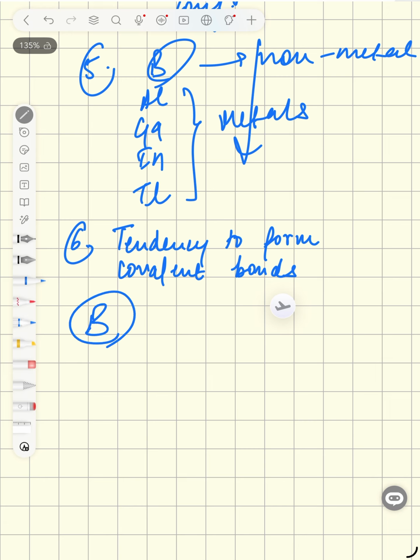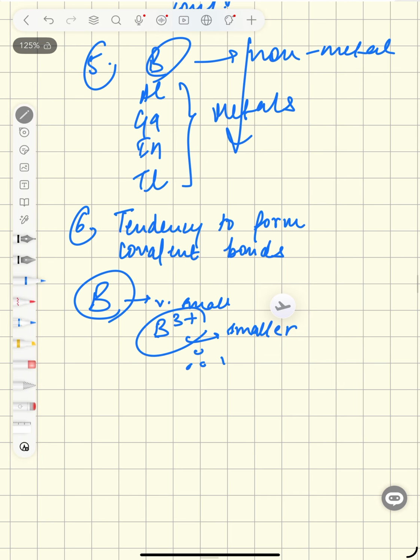Boron, the first element of this group, is very small in size. If we compare it to the rest of the elements of the group, it's very small, and it shows a +3 oxidation state. If it removes these 3 electrons, then it becomes even smaller, a teeny tiny boron particle. Therefore, it is a very small cation.